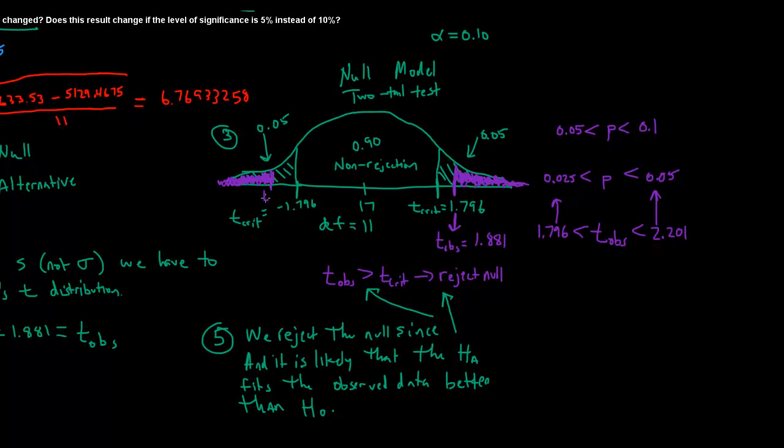If I add those two purple shaded portions up, it's going to range somewhere in between 0.05 and 0.1. That's the p for a two-tail test.